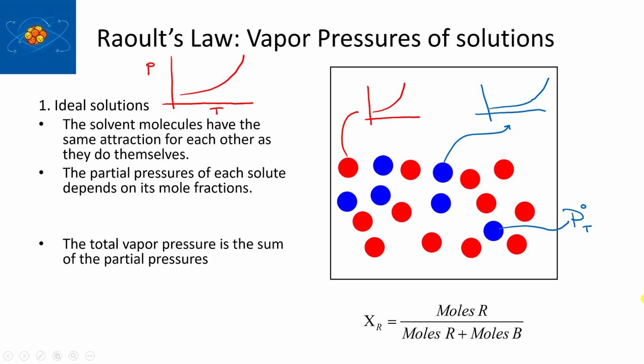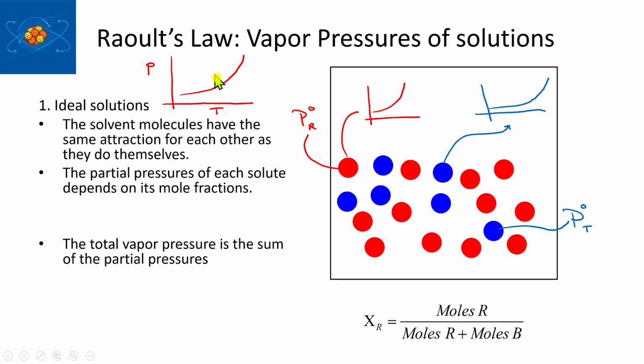We're going to use a little knot here to indicate this is the pure substance. And the red ones will also have a pure vapor pressure, so we'll call that P for the red, like this. So that's for the pure substance.